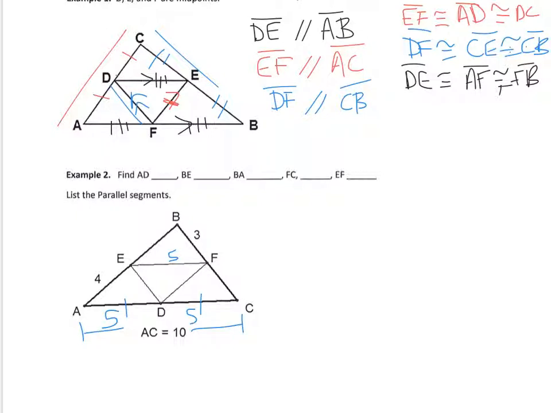If I know that BF is 3, then FC is 3. Therefore, ED is 3. And the last one, if EB is 4, then FD has to be 4. So now I'm just going to fill in AD is 5, BE is 4, BA is all the way across, has to be 8, FC is 3, and EF is 5.